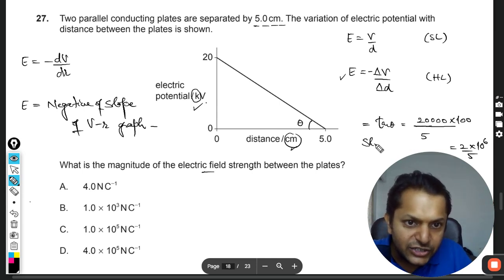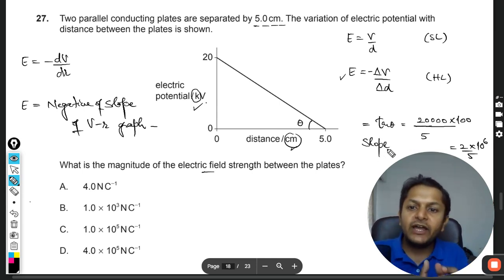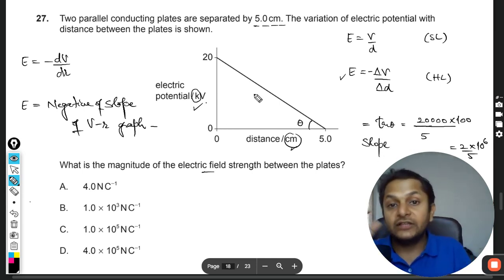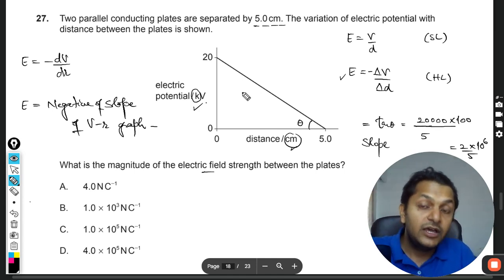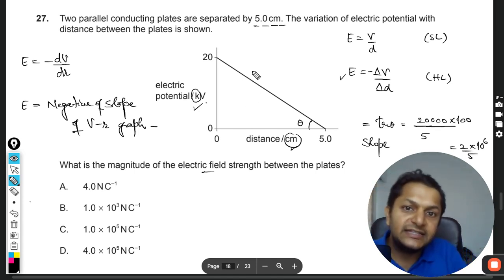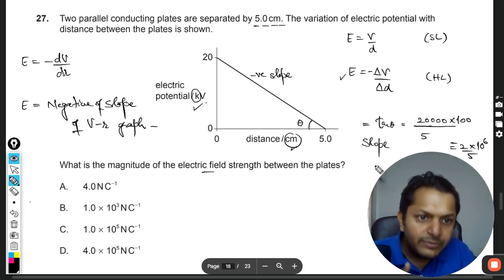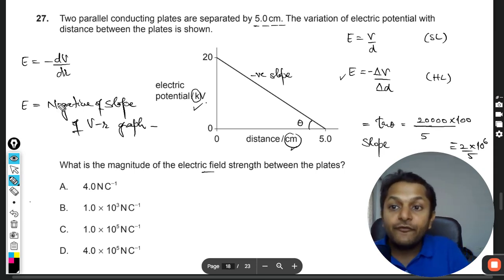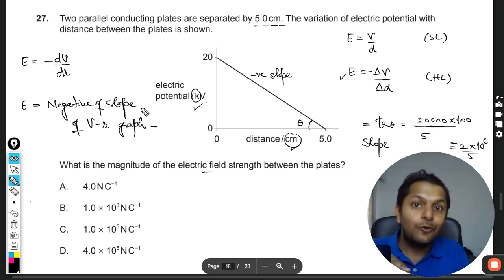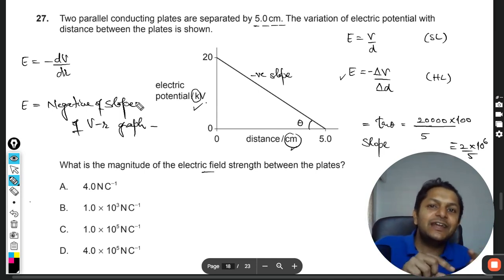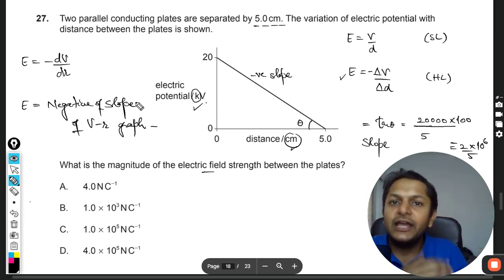Now this is the slope, and we want to find the negative of the slope. The slope here is already negative, the graph is going down. So the answer will be negative 2 by 5 into 10 raised to power 6. You want to find the negative of the slope, so negative and negative cancel out and it becomes positive.